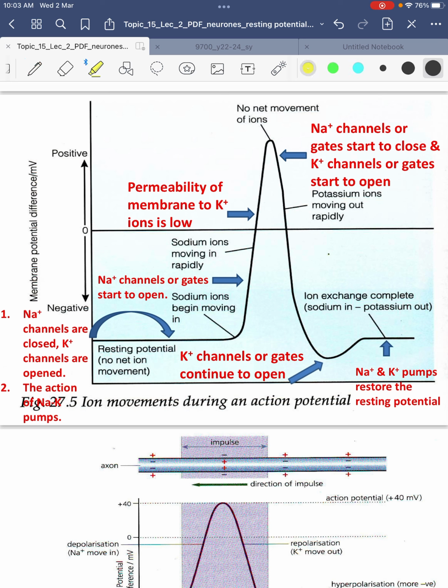So the first thing is maintenance. This is minus 70 millivolt. How is this minus 70 millivolt maintained? That is because of these two regions here.